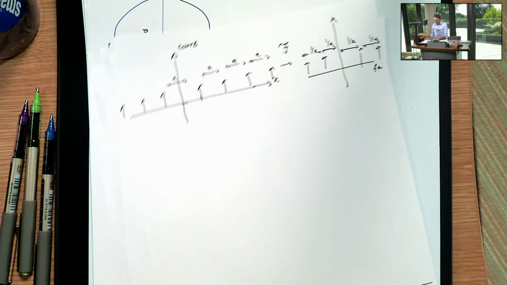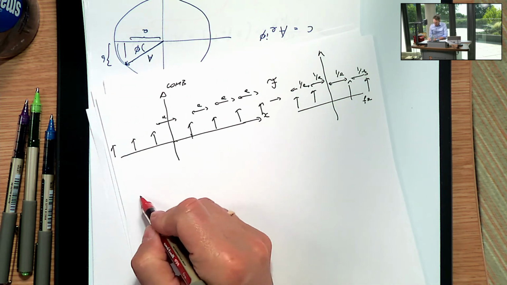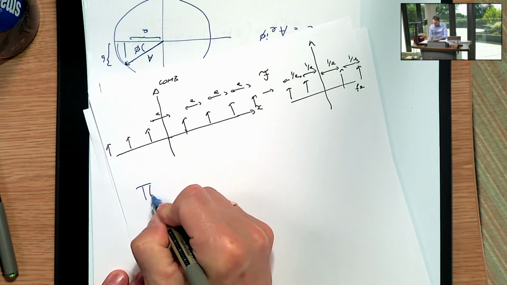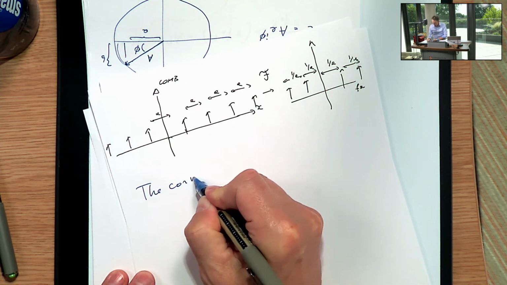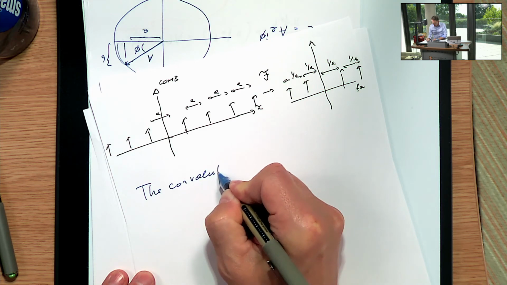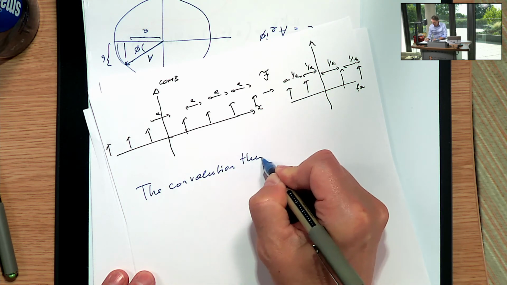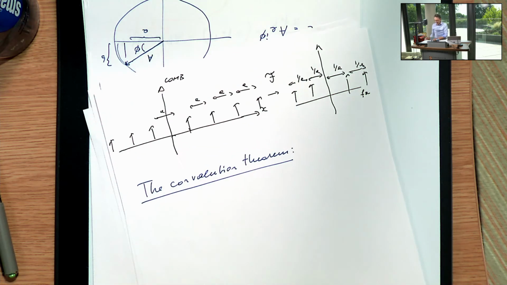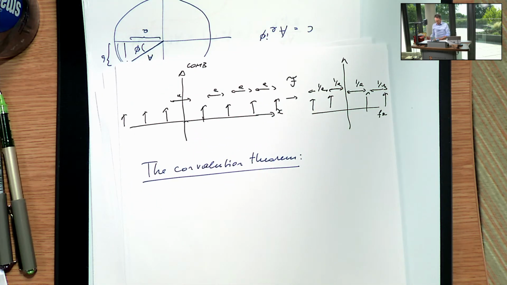Okay, so the final bit I want to do with you today is the convolution theorem, because that's the final piece we need, and then we have all the math we need to do imaging.